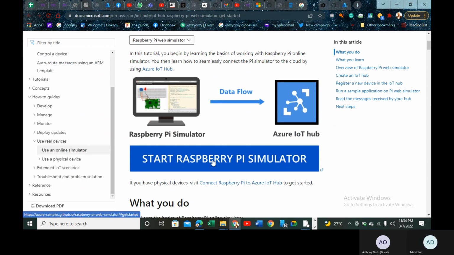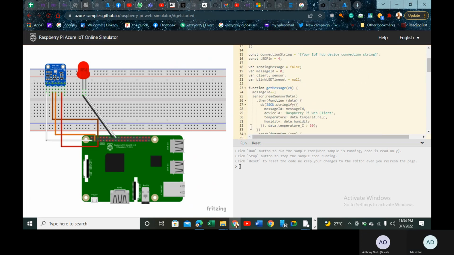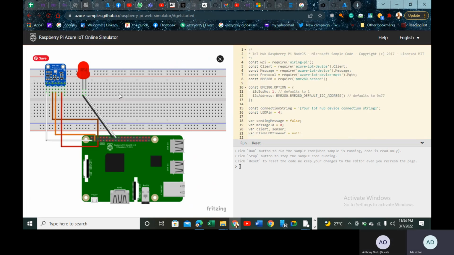Start Raspberry Pi. Can you see what's up there? It is called Raspberry Pi Azure IoT Online. Doing IoT is very expensive, but Azure can at the same time try and minimize some of these things. It's like a simulator.